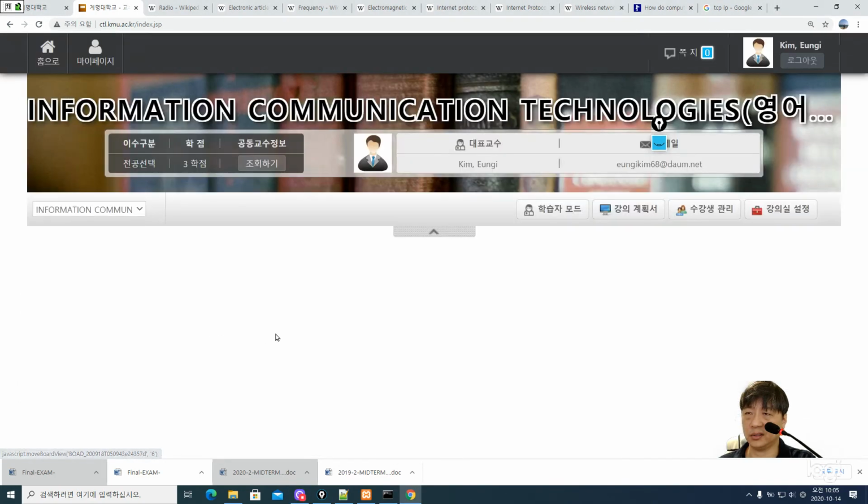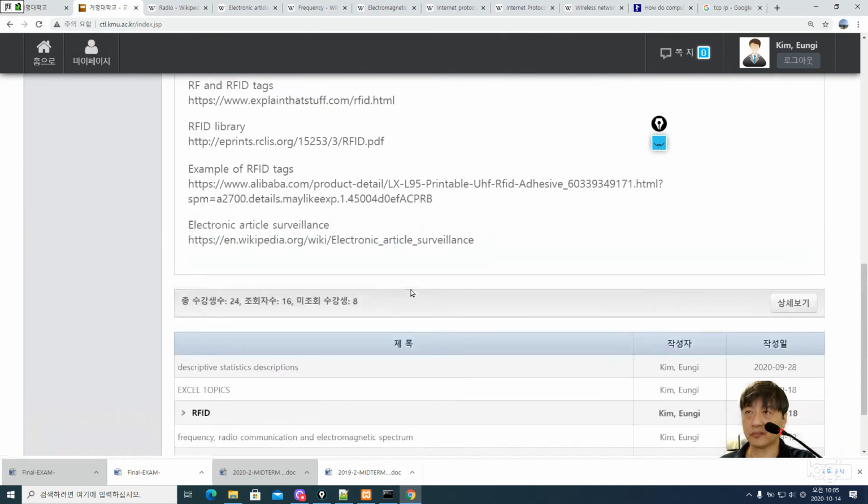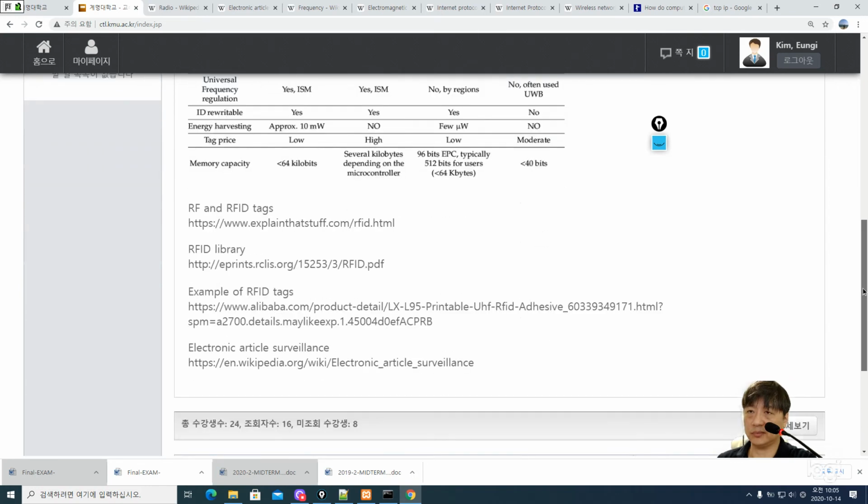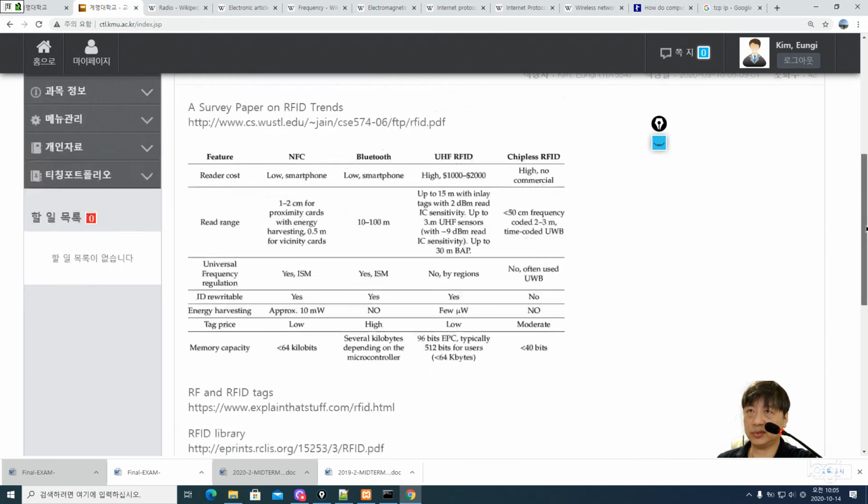Some use ultra high frequency, the read range, some of them have power: active versus passive, semi-passive. You should take a look at those, and the cost, and the reader characteristics, and we talked about the networking of those concepts.